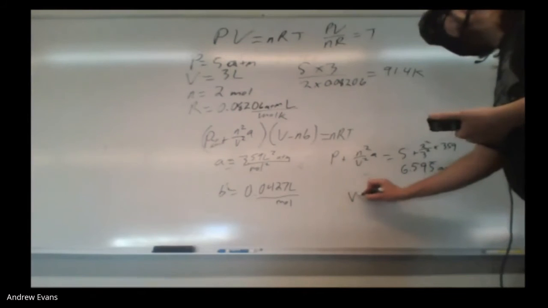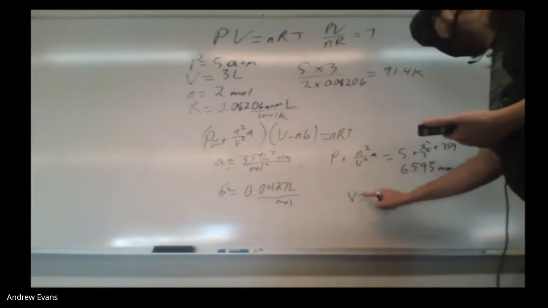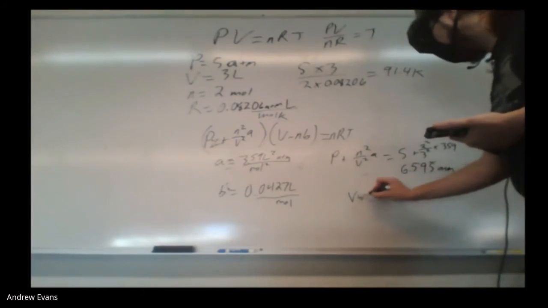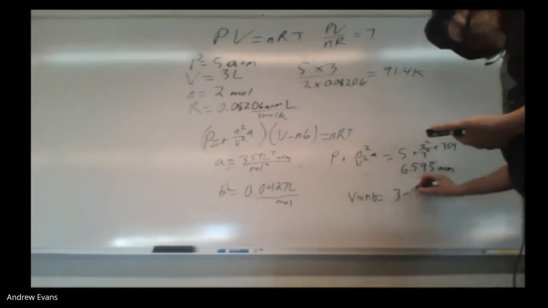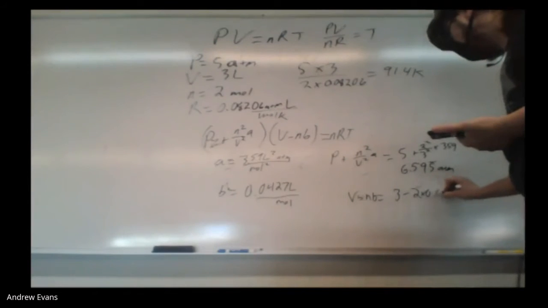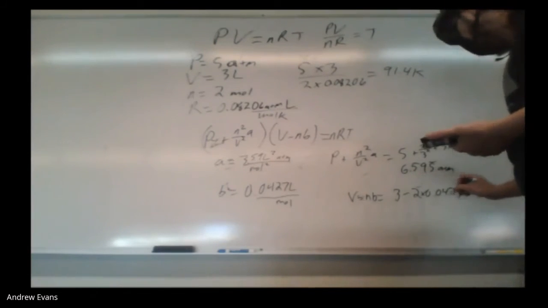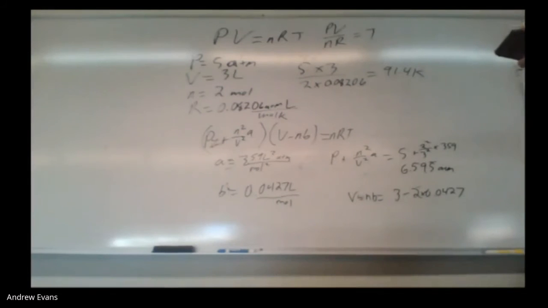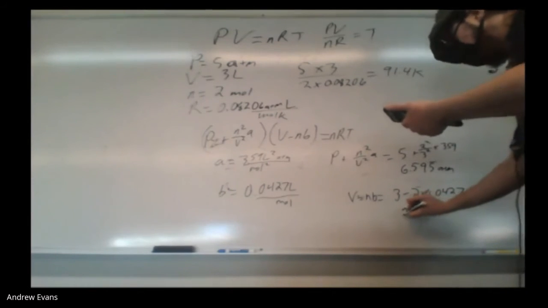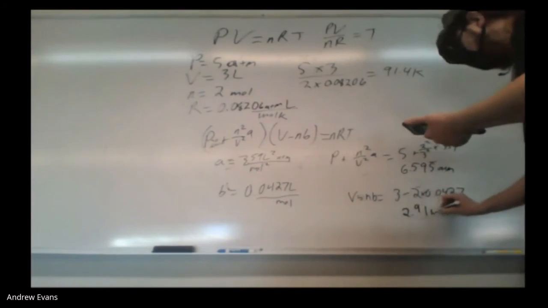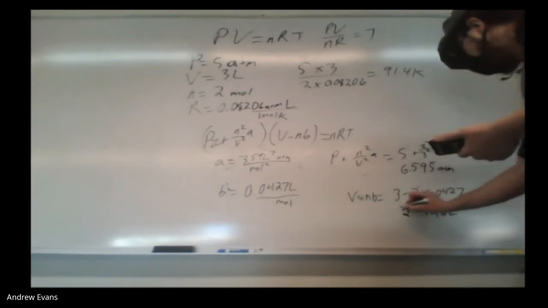And our volume is now volume minus nb, which is going to be 3 minus 2 times 0.0427. So our actual volume is going to be 2.9146.